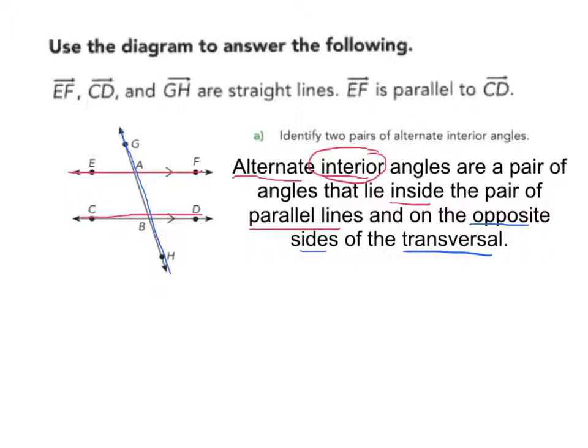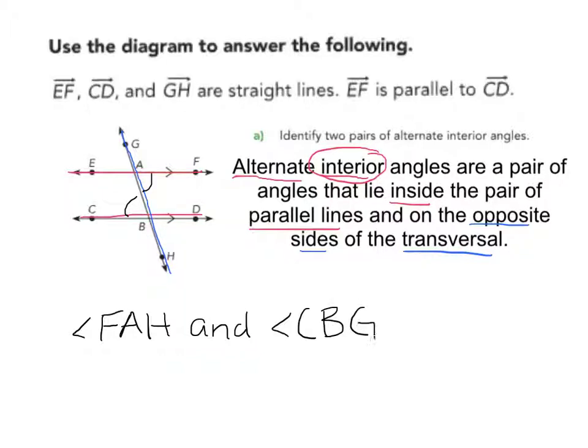So one possible set of alternate interior angles is going to be here and here. So that would be angle FAH and angle CBG. Another set of them I'm going to outline in purple.